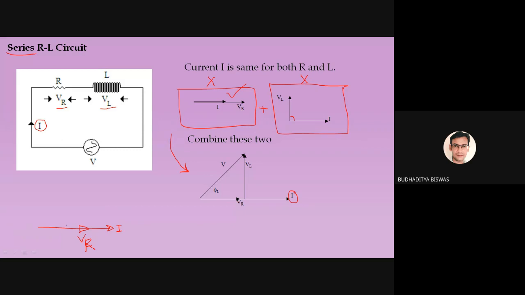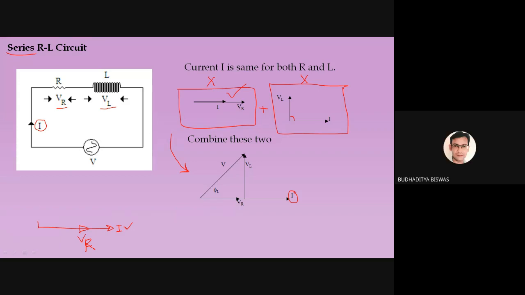First thing. Okay. Now, if this is VR, if this is the I, then how to draw the VL? It will be leading by 90 degrees with respect to the current.